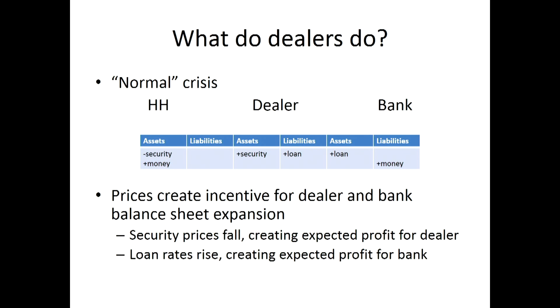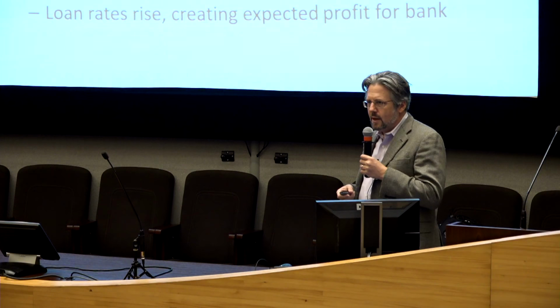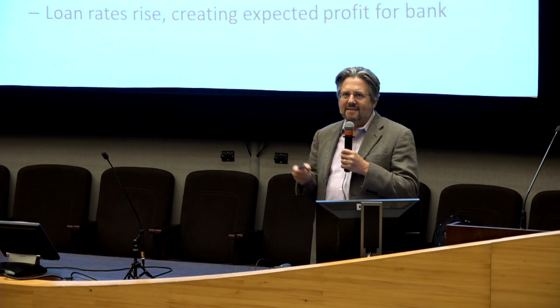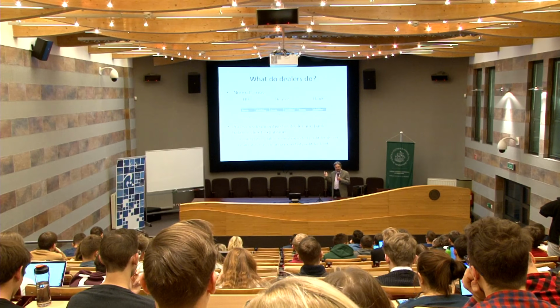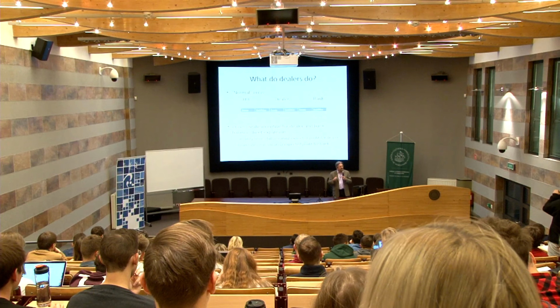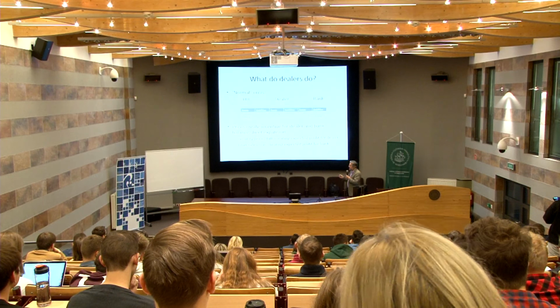When society as a whole decides it no longer wants to buy Apple stock, the price of Apple is going to fall. But not as much as if the dealers and the banks were not absorbing some part of that imbalance on their own balance sheets for money.